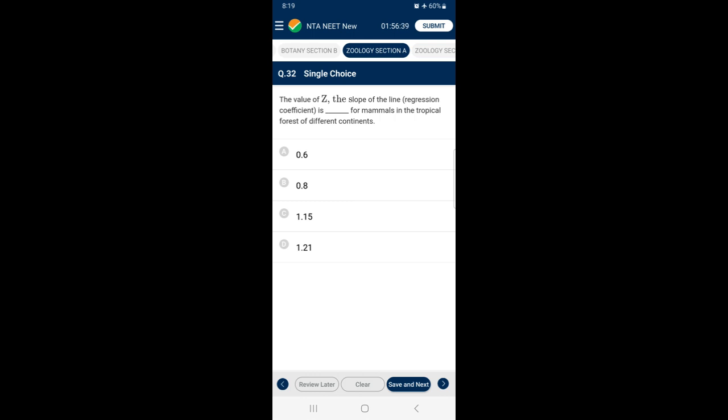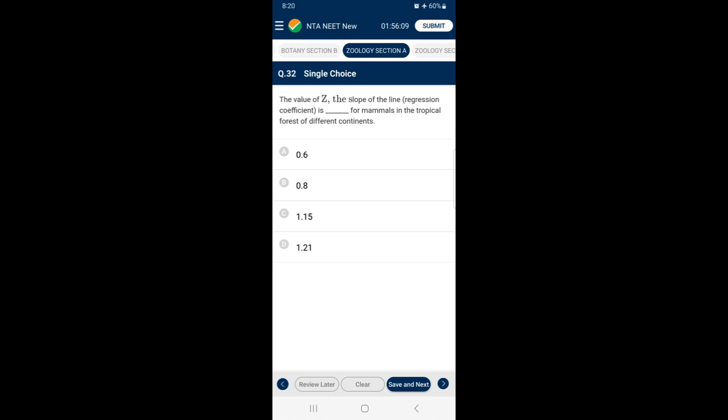The relationship is a straight line described by the equation log S equals log C plus Z log A, where S is species richness, A is area, Z is the slope of the line, and C is the Y intercept. The value of Z lies in the range of 0.1 to 0.2 regardless of the taxonomic group or region.